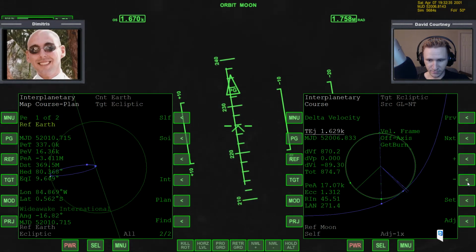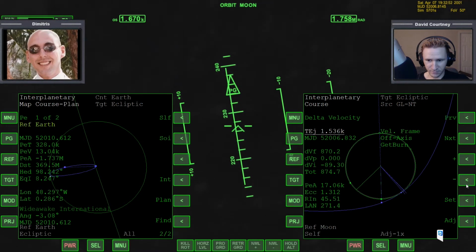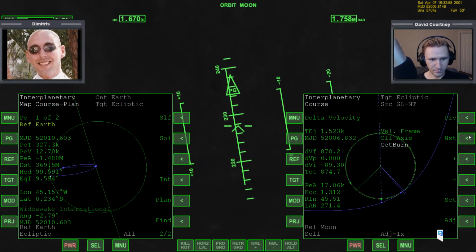Exactly. So let's bring the longitude all the way to 45 just to see where our PEA ends up. And then we can push the longitude back farther west and... Yes, by changing the prograde, taking away a little bit of the prograde.